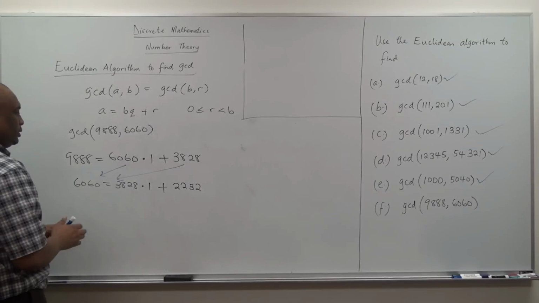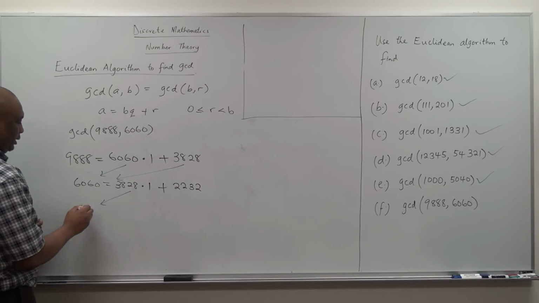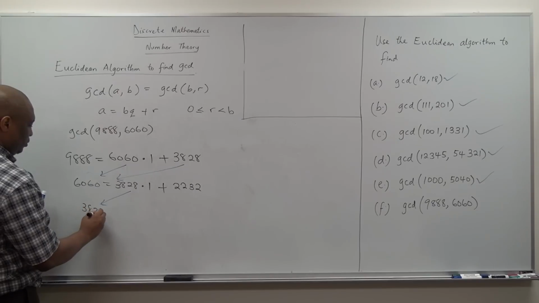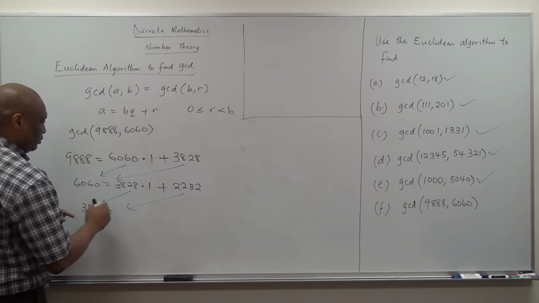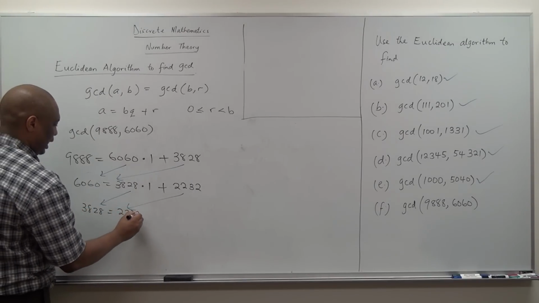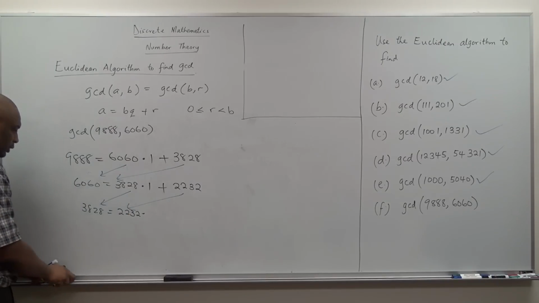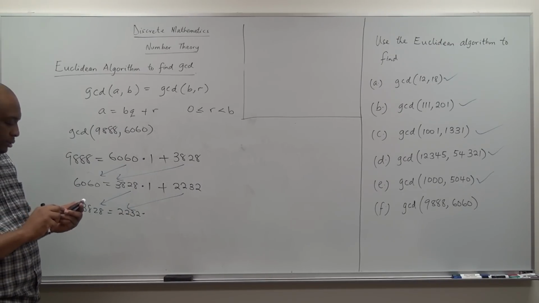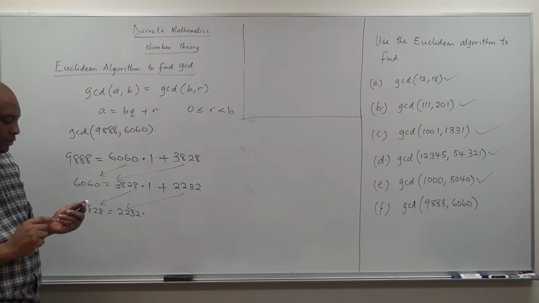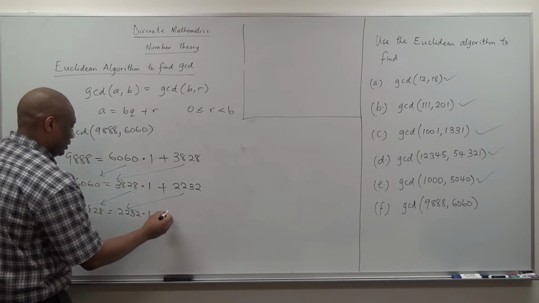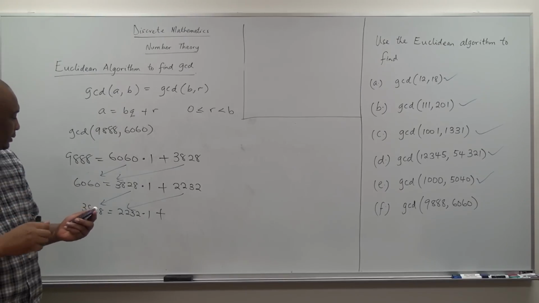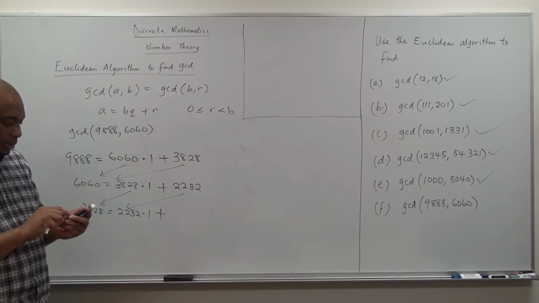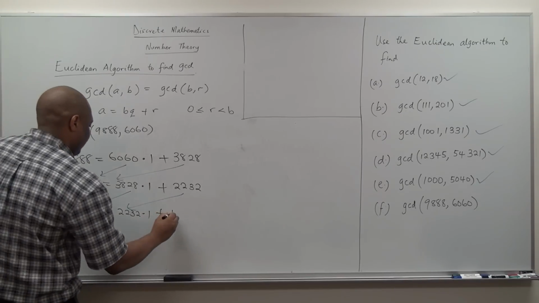So you bring this over again: 3828 is equal to 2232 times what? You do 3828 divided by 2232, which gives us 1.71 something, so the integer part is 1. Then you do 3828 minus 2232, and that gives you 1596.